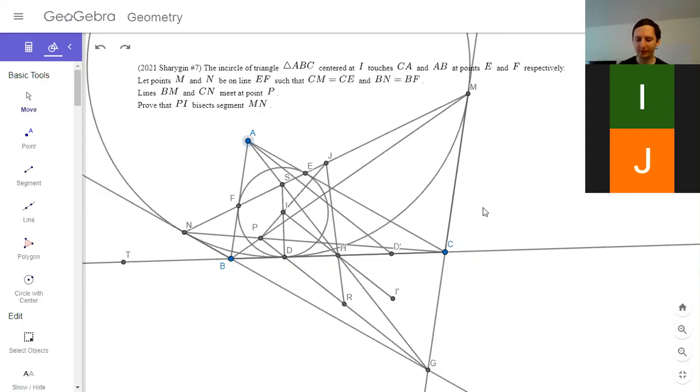If the midpoint of EF is N, the midpoint of DP is N star, and you have the Gergonne point. Okay, so it's stuff with the Gergonne point.